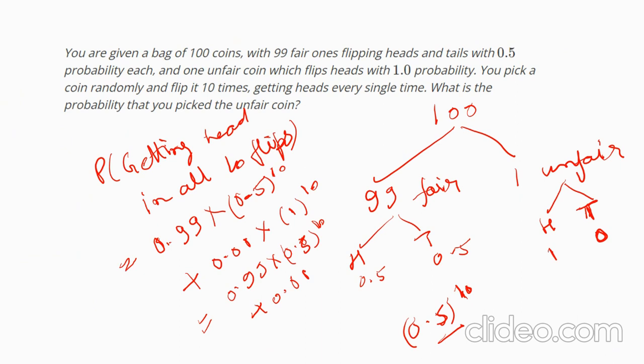Is it clear? Now the probability that you picked the unfair coin will have this on the numerator and this whole expression in the denominator. So the probability that you picked the unfair coin will be 0.01 divided by this whole probability, let's say P(H). This will be the answer.